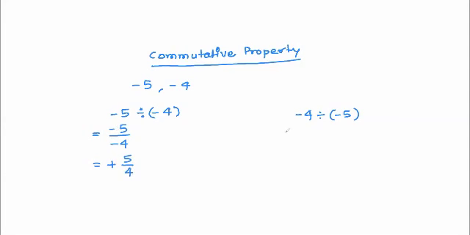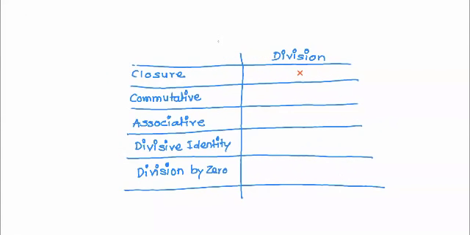This side, -4 divided by -5, again both signs negative give us a positive sign, positive 4 upon 5. Now we know that 5 upon 4 is not equal to 4 upon 5, and hence we can say that integers are not commutative in division.